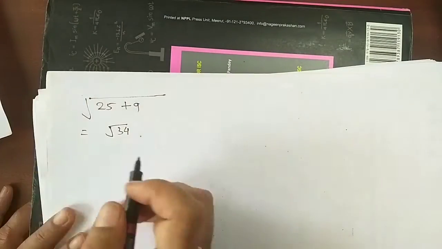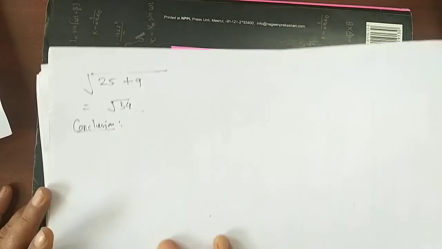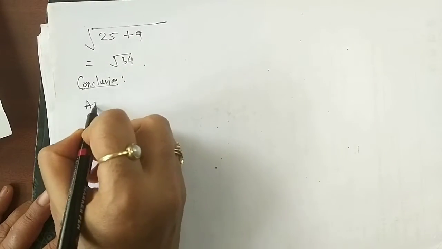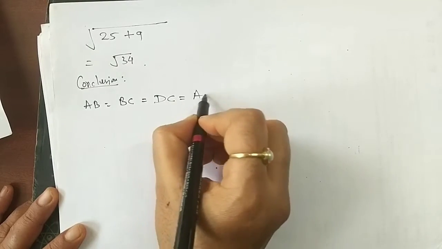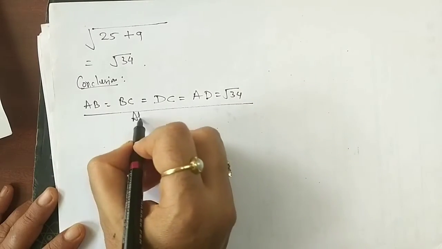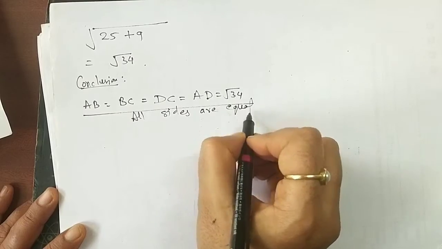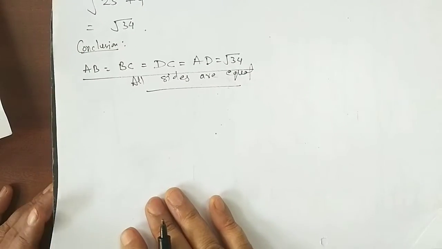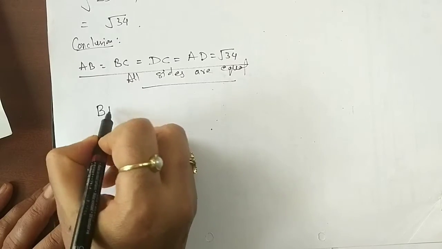Okay, so I can write down what is the conclusion, not final but a little bit I got, that AB is equal to BC is equal to DC is equal to AD is equal to root 34. Or I can say all sides are equal. Now what I have to check? The diagonals. Okay, so let me check BD.